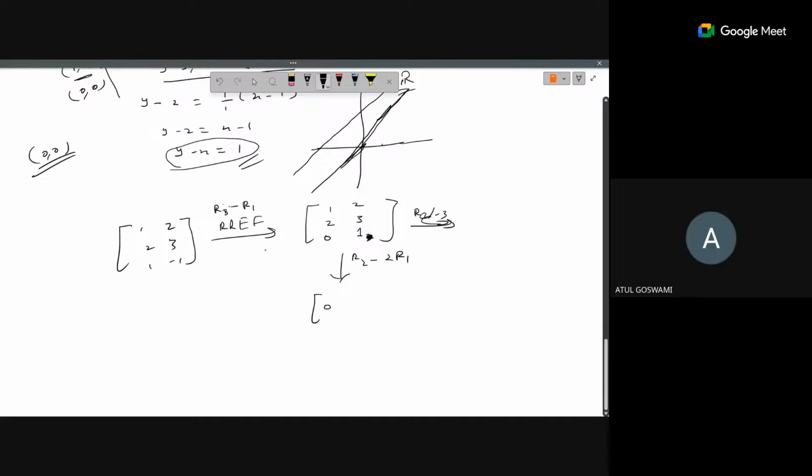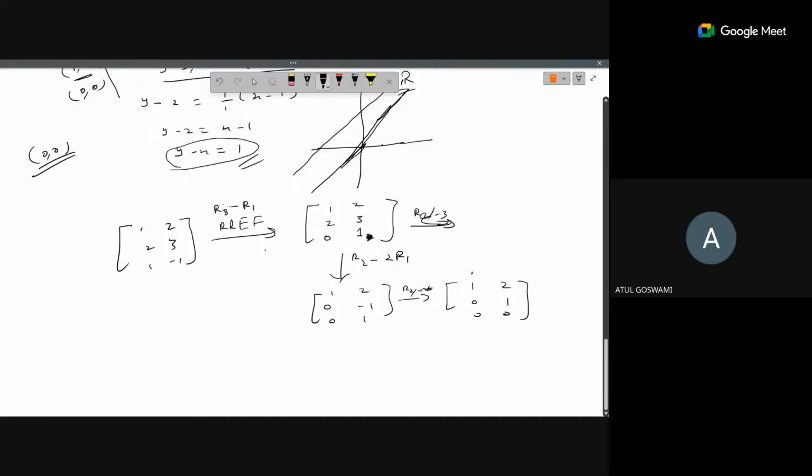So here it will be 0, and it would be minus 1, right? Yeah, minus 1 and below that 0. Then we will take R2 divided by minus 1, or just multiply by minus 1. Okay, then these two rows would be the same, so we get 1 2 0 1 0 0.